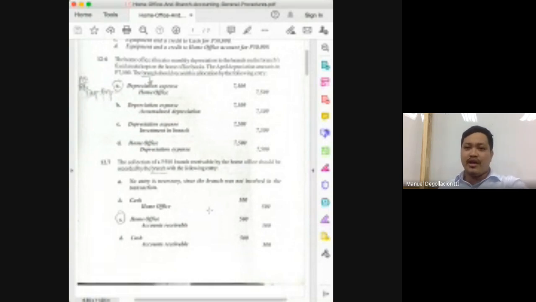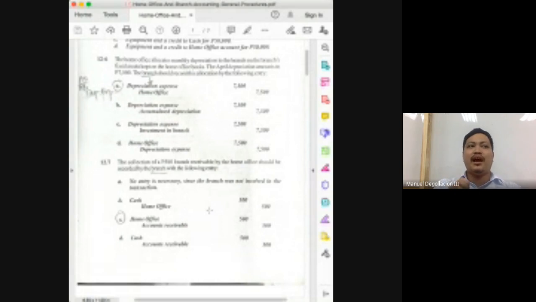But the first takeaway here is what to do if the fixed assets of the branch are kept in the books of the home office. Okay, so what does that mean? The recognition of the asset happens in the books of the home office. So who will maintain the asset account? It will be the home office.